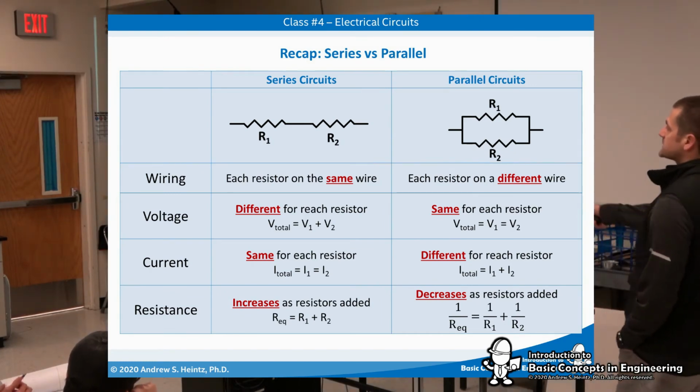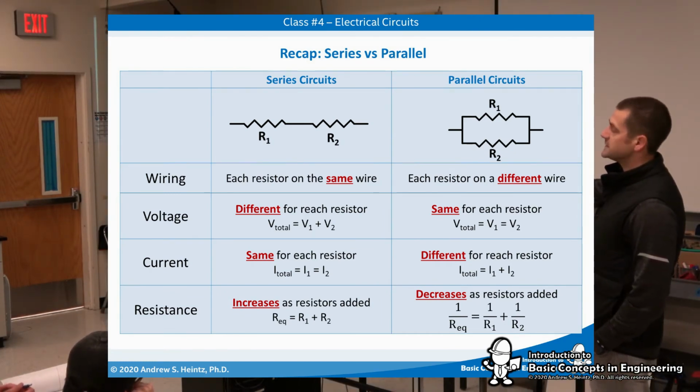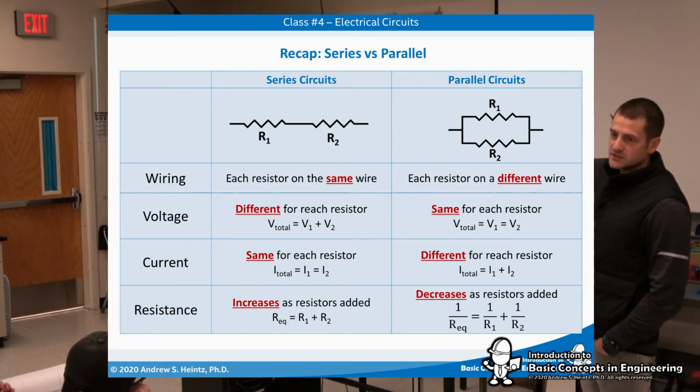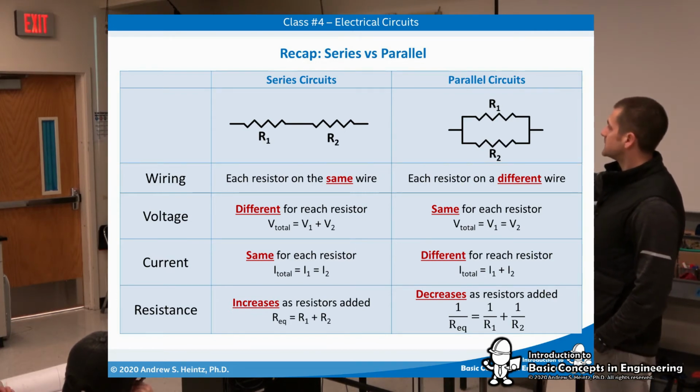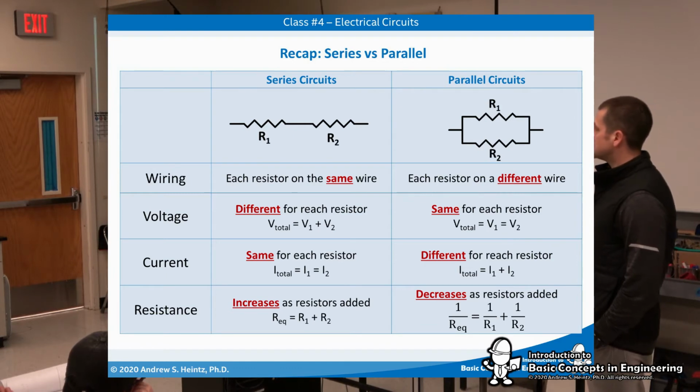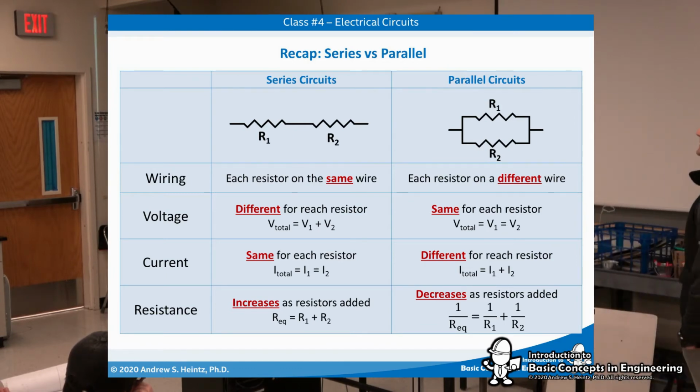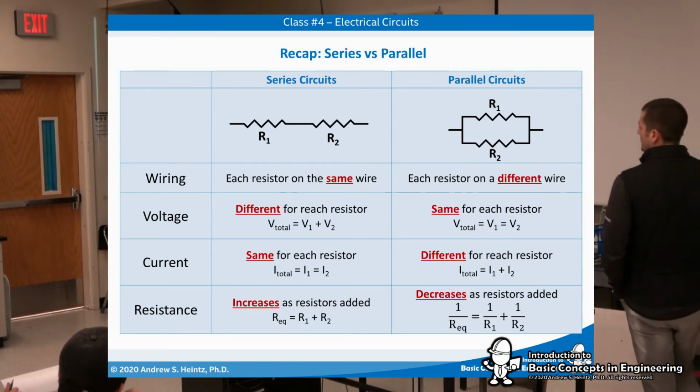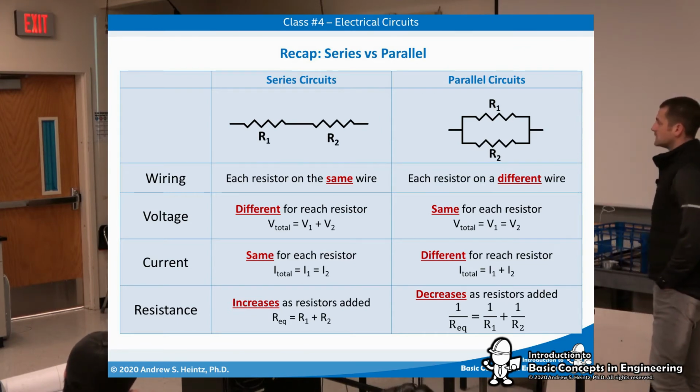A series circuit looks like this. The same electron has to go, and to be clear, this is not a complete circuit. This is just the resistors. Parallel circuit looks like this. In series, each resistor is on the same wire. In parallel, each resistor is on a different wire.